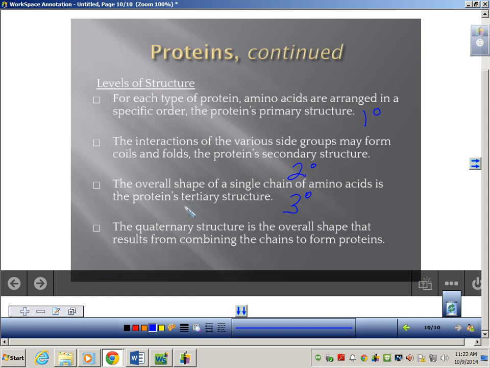Okay, so I can have a protein at the tertiary structure. Sometimes there's two of these structures that come together. And so that's if I have two different polypeptides that come together to form a protein together.